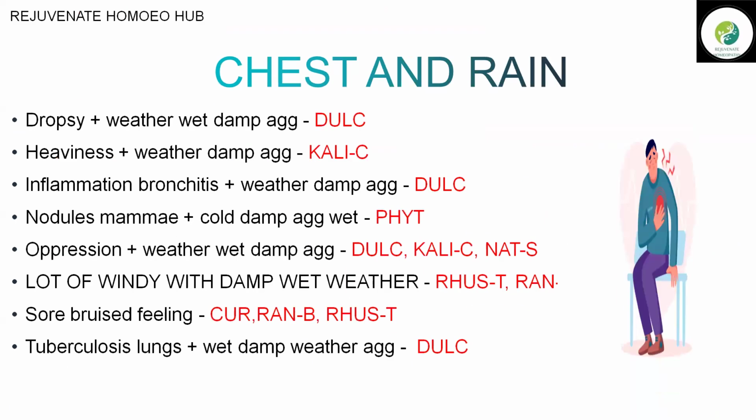Chest and rain with a lot of dropsy, with chest affections in very damp weather, is Dulcamara. As I said, Kali carb has respiratory complaints very much marked with a lot of heaviness in the chest and inflammation of bronchiectasis with damp weather, Dulcamara. Nodules of mammae is Phytolacca.